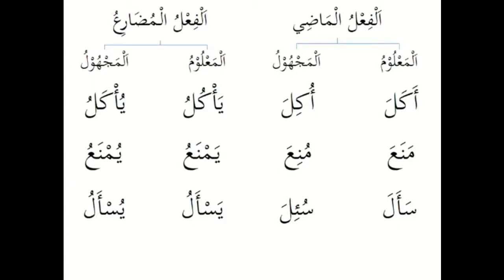Then any verb that you come across must also either be ma'aloom or majhul. So those are the two broad categorizations of verbs we've learned thus far: maldi and mudari', and ma'aloom and majhul.